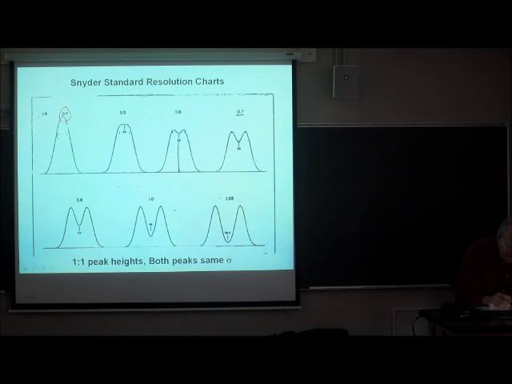Now you see this dot here and this dot there? Those 2 dots locate the actual height and position on the horizontal axis of the true peak maxima for peak 1 and for peak 2.